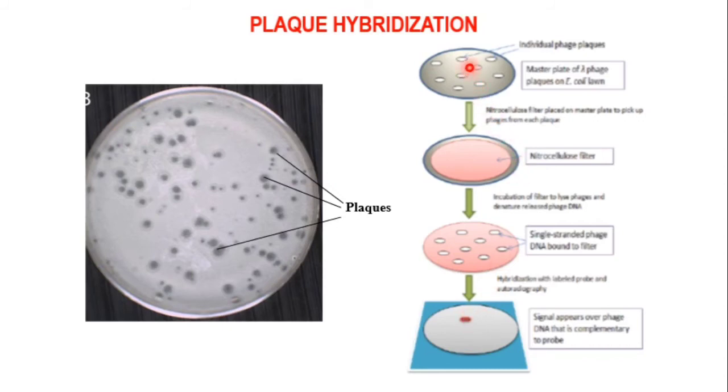We compare the spot observed in the autoradiography with the master plate, and we'll identify which plaque contains our recombinant phage.